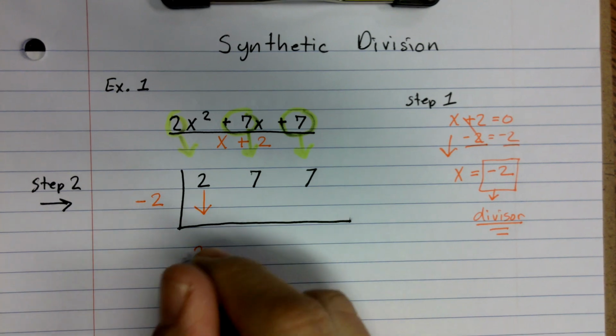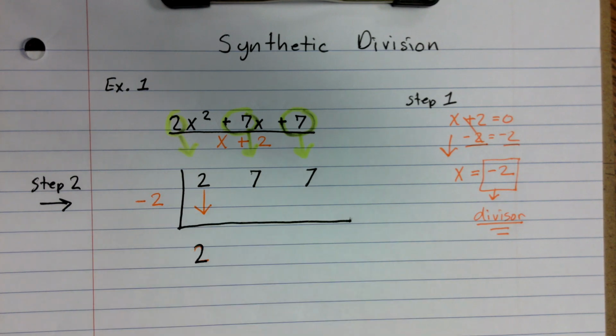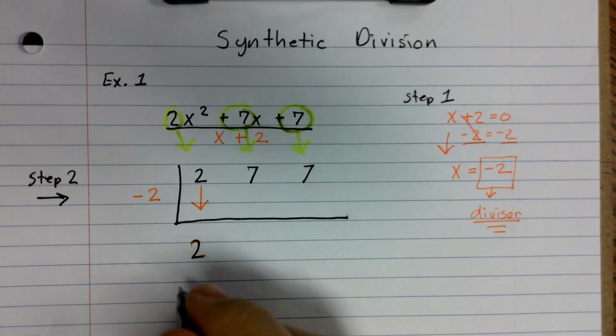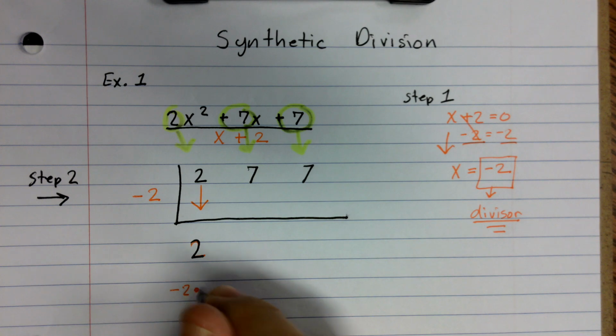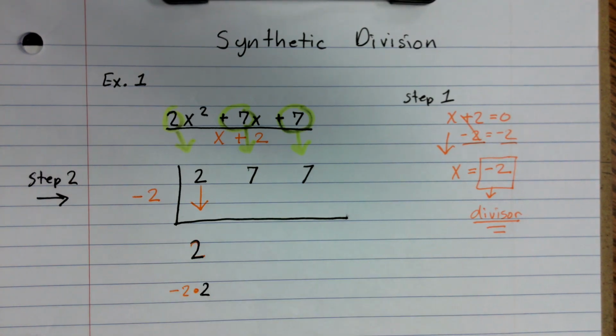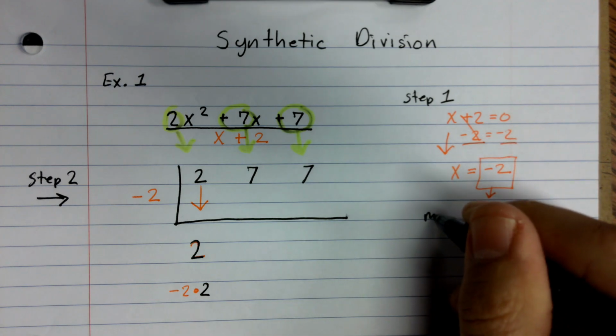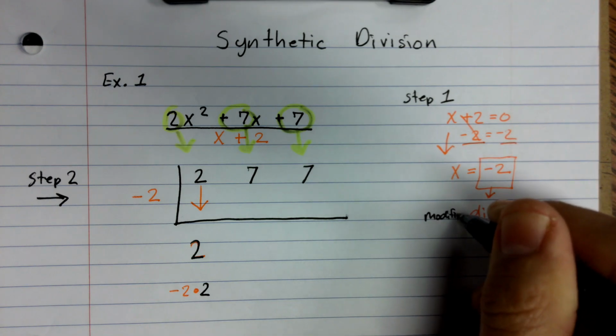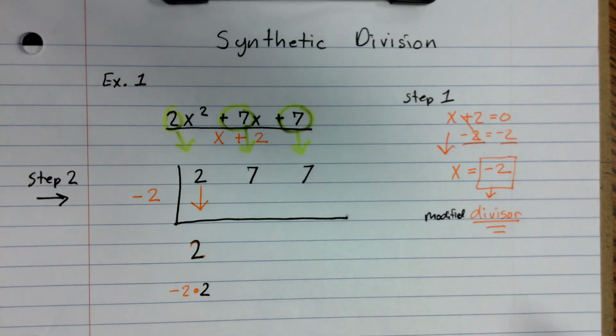In other words, I'm going to take negative 2, my modified divisor, and multiply it by positive 2.